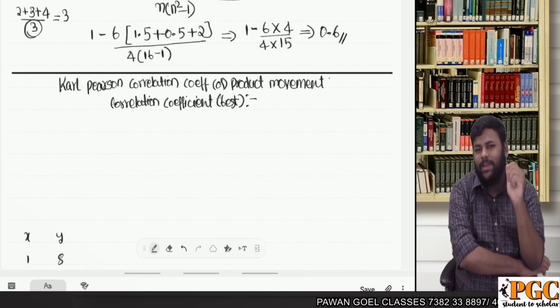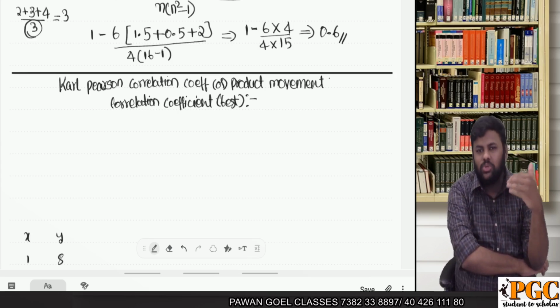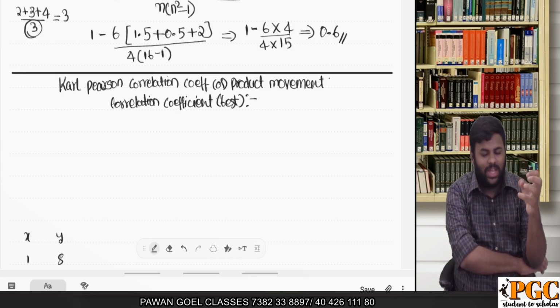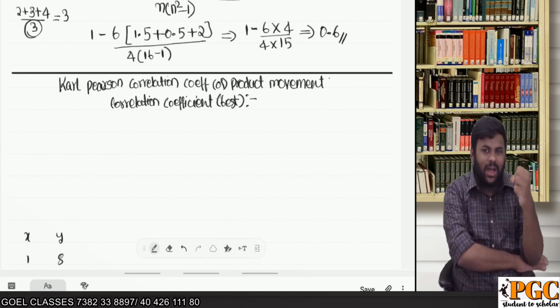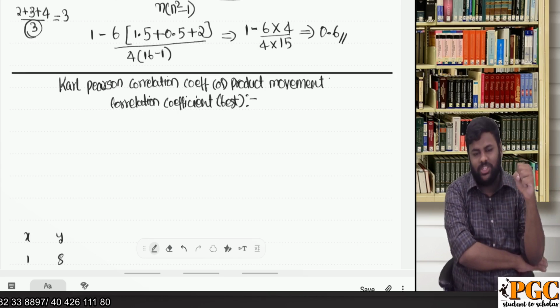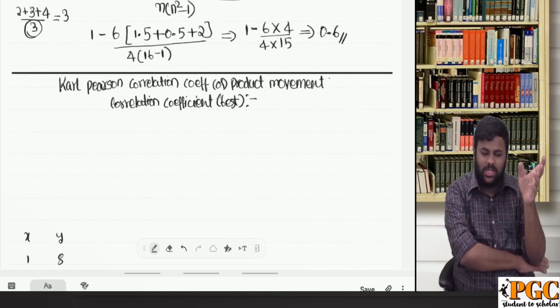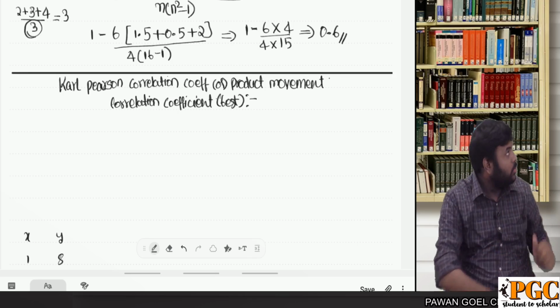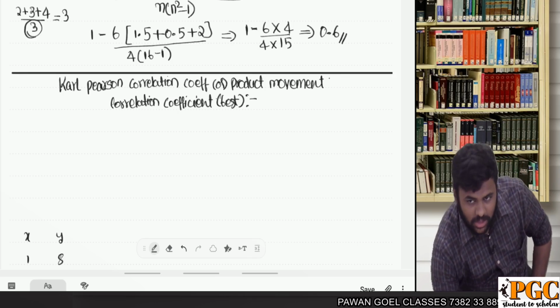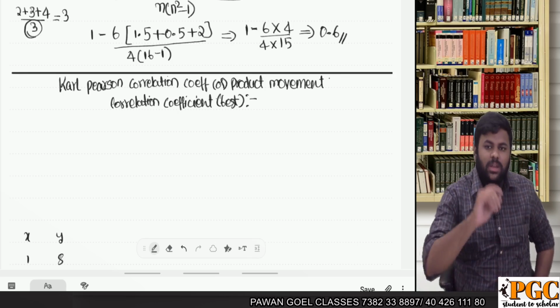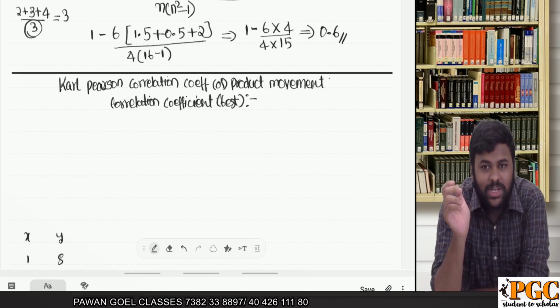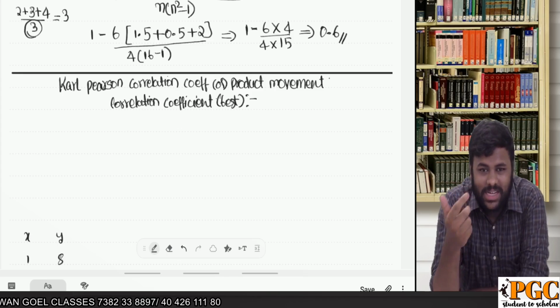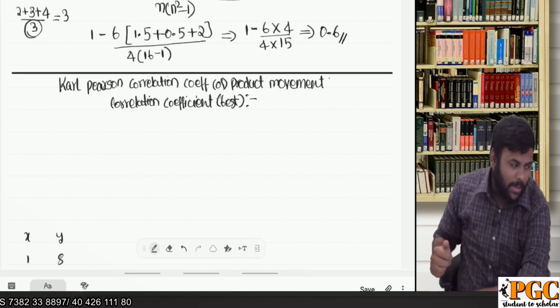In these two, we haven't taken original observations, we have taken some conclusion from the original observations. That's the reason these two are not the best methods. But in Karl Pearson correlation coefficient we are supposed to take the original values. That's the reason we call it the best method.